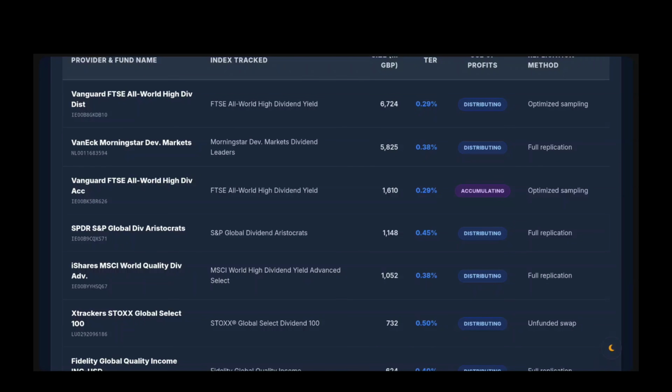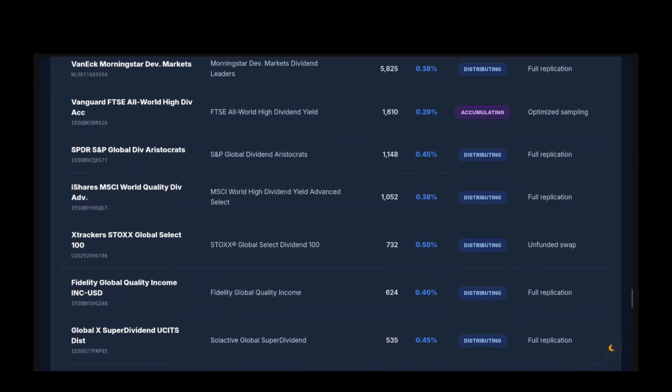We then have the iShares MSCI World Quality Dividend, which naturally follows the MSCI World High Dividend Advanced Select, which is 1 billion and expense ratio 0.38. It is distributing and it is full replication.